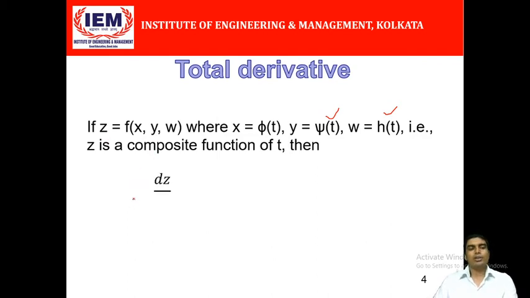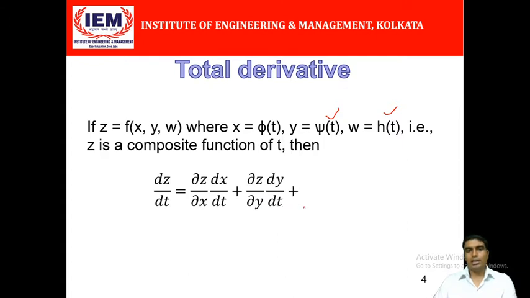Then we can find the total derivative of z with respect to t in this way: dz/dt equals del z/del x dx/dt plus del z/del y into dy/dt plus del z/del w dw/dt, right? So similarly you can generalize this case.